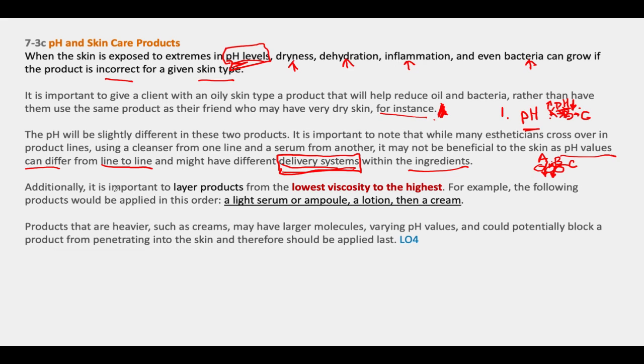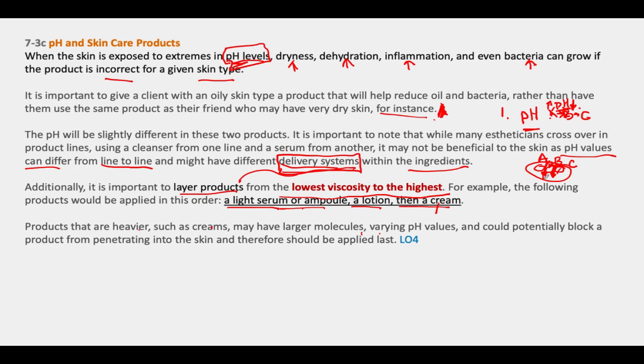Additionally, it is important to layer products, and that's what this is talking about, from the lowest viscosity to the highest. For example, the following products would be applied in this order: a light serum first, or ampule, then a lotion, then a cream. Products that are heavier, such as creams, may have larger molecules if you apply cream first. Again, we are talking about this process of opening, delivering, and then closing or covering up.